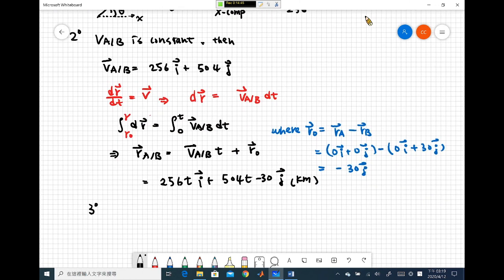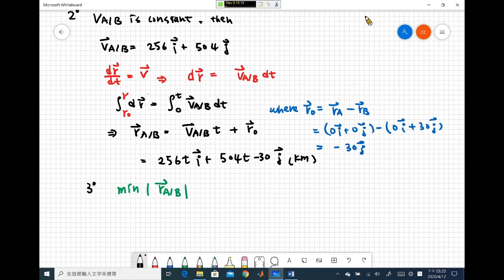Third, we want to know the minimum distance between A and B and the time when it occurs. So that means we want to minimize the distance between A and B. So you can further extend this equation to say you want to minimize this r of A relative to B squared.